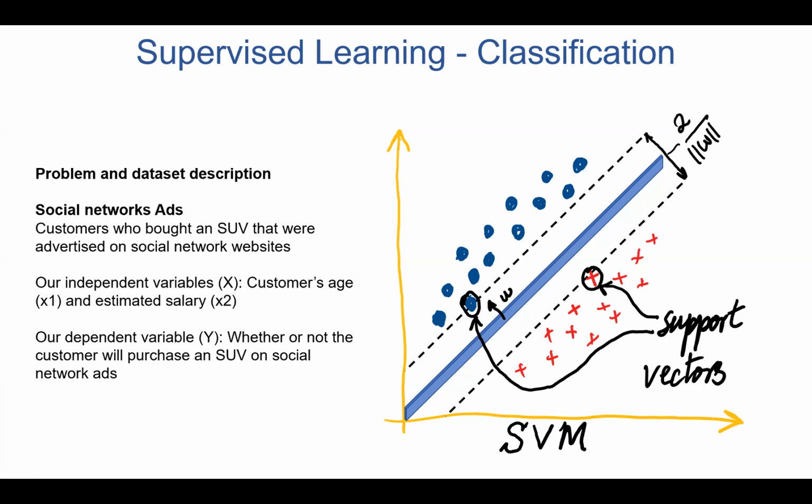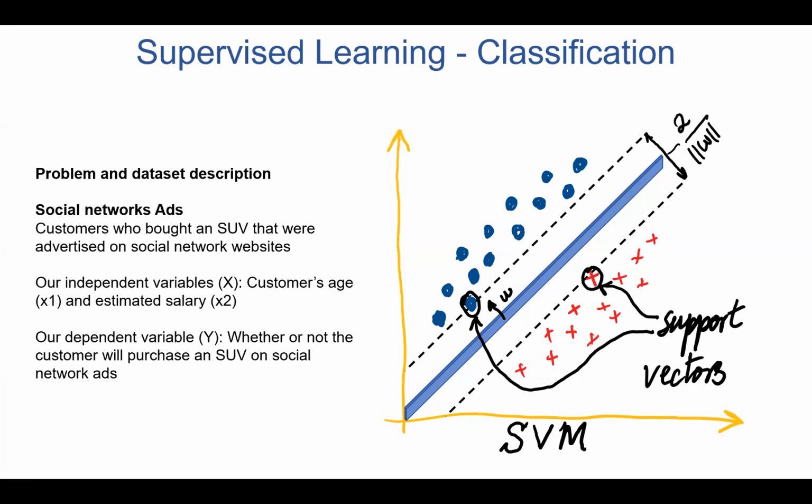Why is it a three-dimensional problem? Because we have two input parameters, customer's age and estimated salary, x1, x2. These are the independent variables, or the predictors. These are the two dimensions. And then we have our dependent variable. If we know the customer's age and estimated salary, we know whether or not they purchased this SUV.